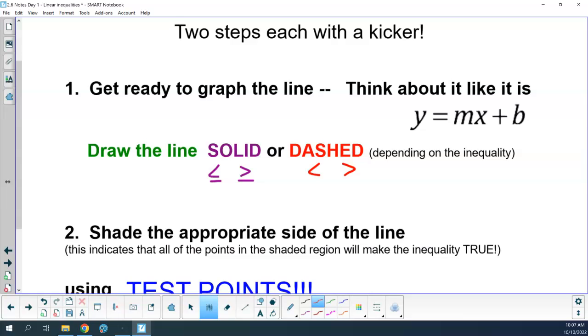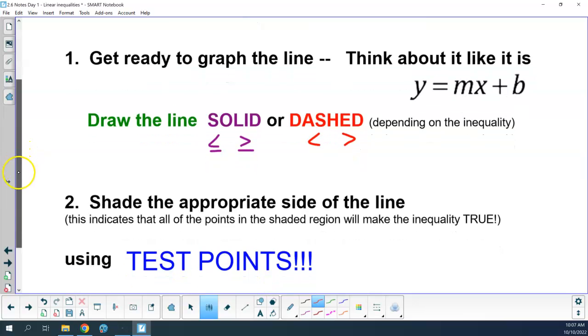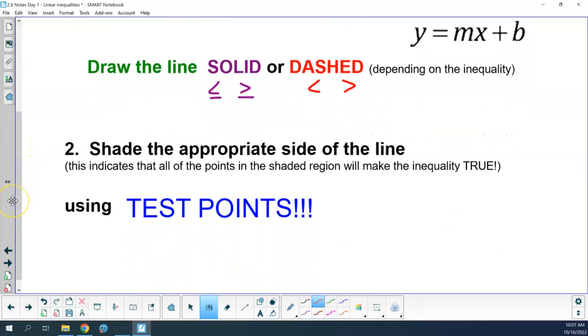So yeah. Second step is we are going to shade, because we're in an inequality, there are going to be multiple points that make that be a true statement. So we're going to shade the area that contains all those points.